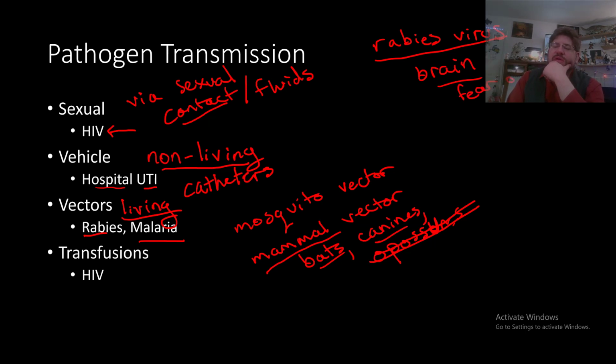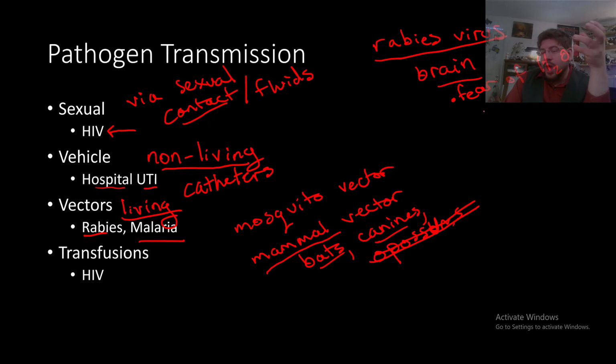One of the hallmarks of a rabies infection in the brain is developing a fear of water. You start to get shyness, and you start to see a little bit of aggression.